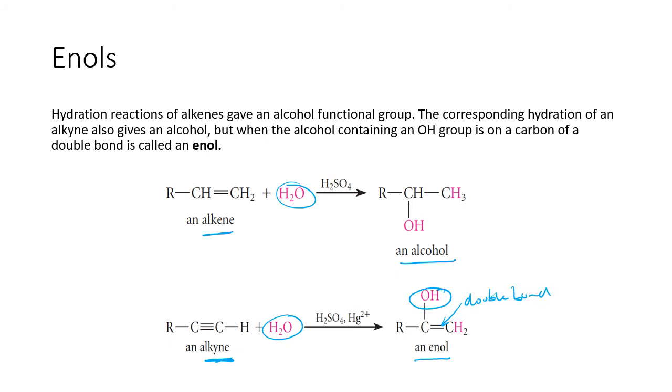So the name is a combination of alkene and alcohol, so enol. Now enols, as it's drawn here, are not particularly stable, and so they do a little bit of rearranging in order to make themselves more stable.